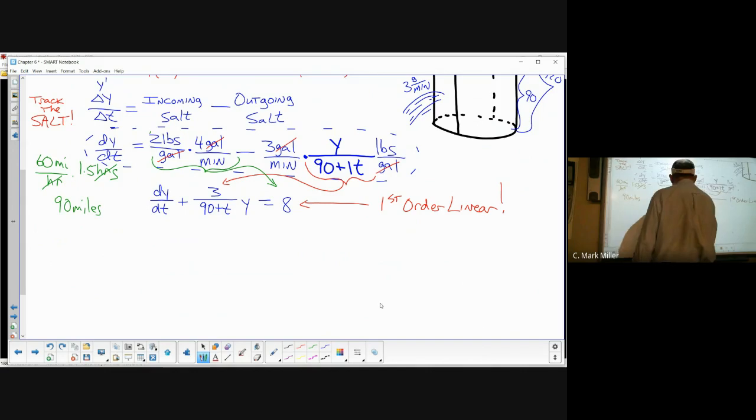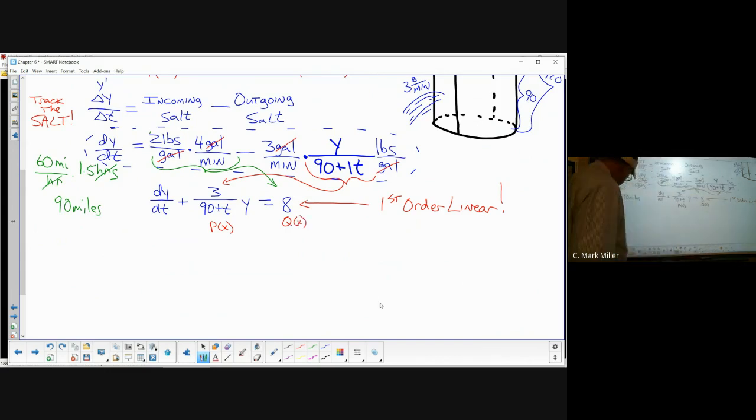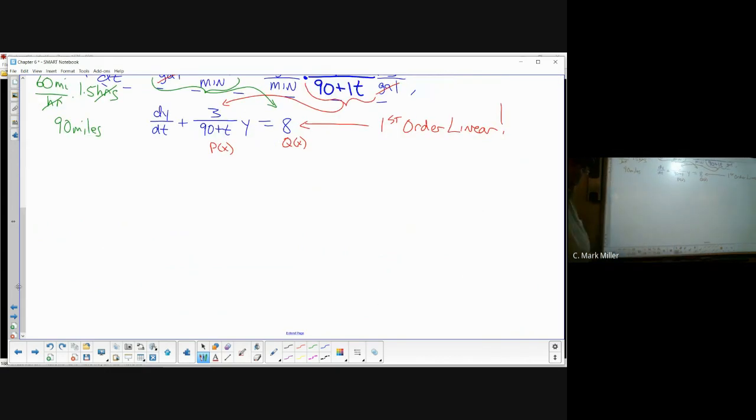This is P of X. That's Q of X. And so we know how to solve first order linear, right? What's step 1? Get it into the form. Step 2, compute U of X. So this is step 1.